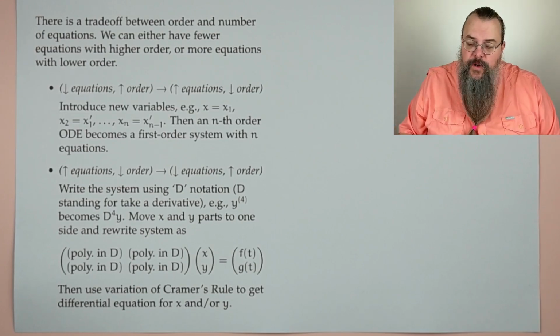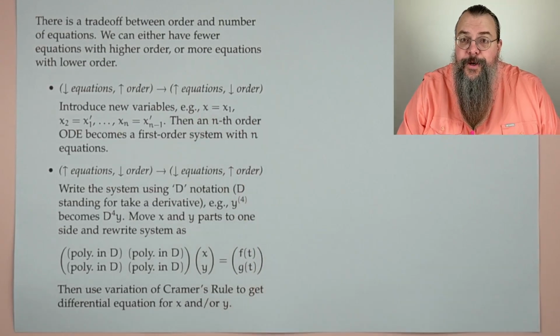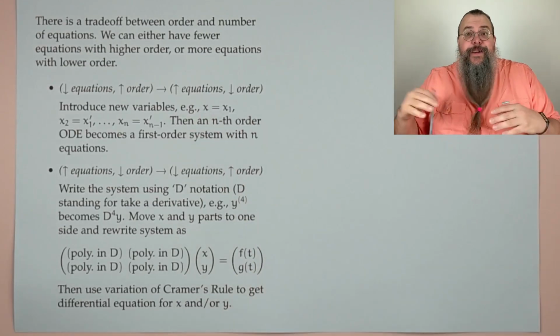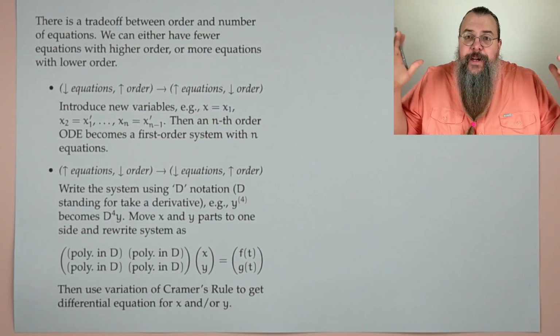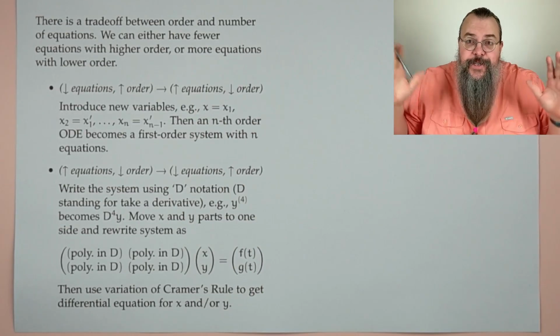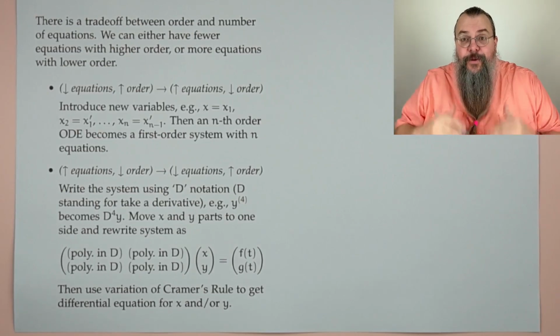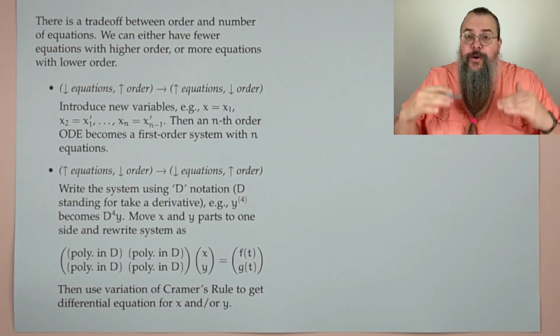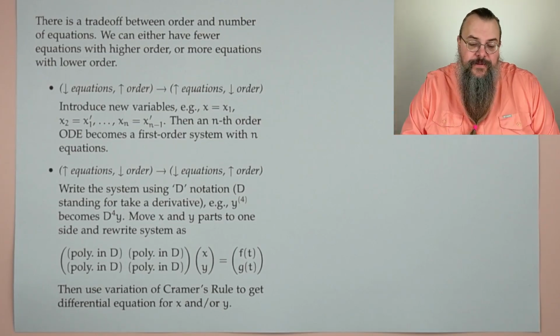Well, suppose we want to have more equations, but less order. Now, when I talk about less order, I'm not talking like chaos. We don't want crazy people running out on the streets saying, the arctangent is coming, the arctangent is coming. What we mean by saying less order is to say the derivatives involved are simple. They're like first derivatives.